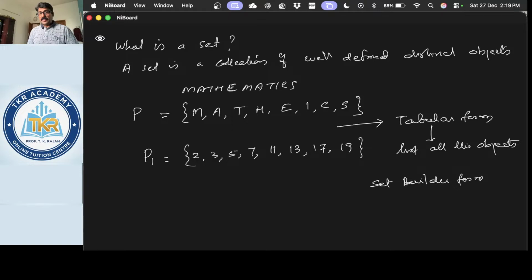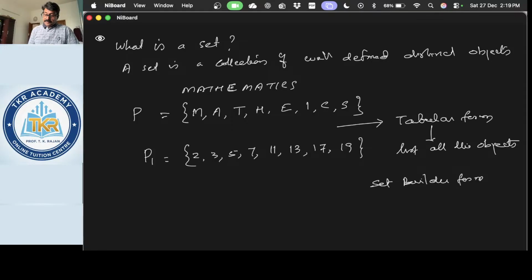These objects are called elements. So in that case, we identify a certain peculiar unique property which is applicable to every object in that collection, or every element in that set. Then using that identity, we will write the set builder form.